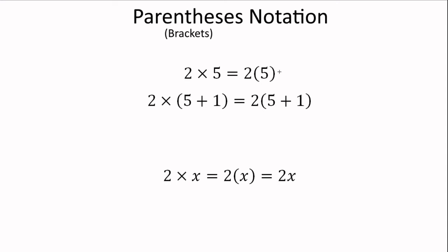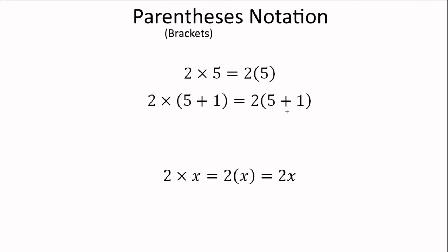A better example we could say is 2 times 5 plus 1. In this case you can just get rid of the multiply sign and leave it like this, and this is exactly the same as this. This is just 2 times everything in the bracket, so 5 plus 1.